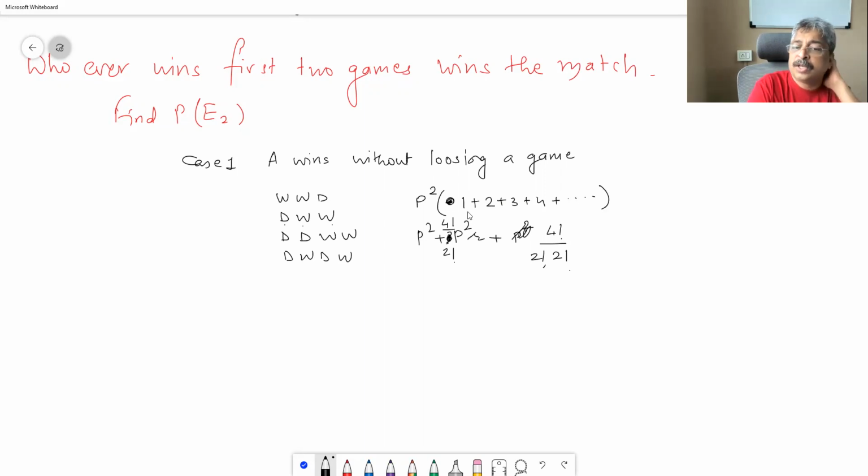Is this going to be like that? I mean, R square, 1 plus R plus R square plus R cube plus R fourth. Is this the summation of the probability of A winning without losing? I think so. P square upon 1 minus R.